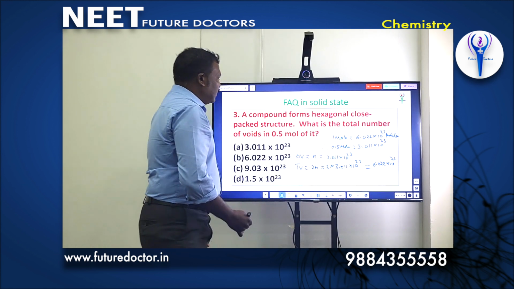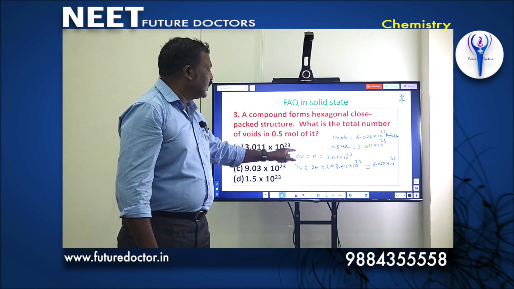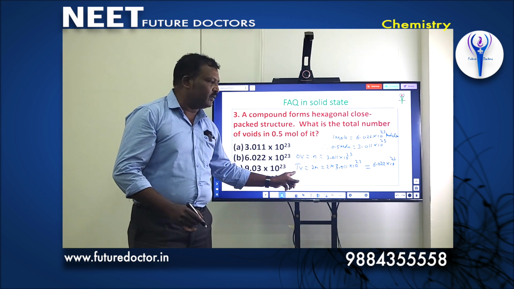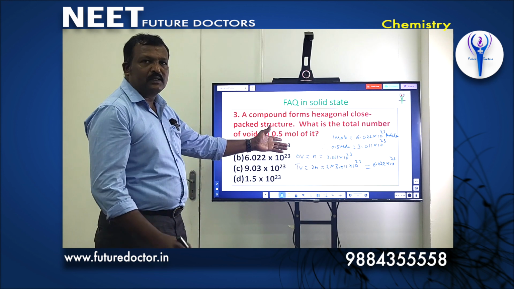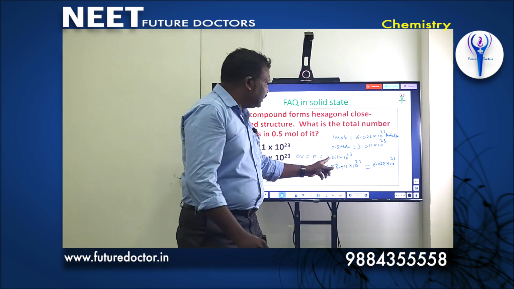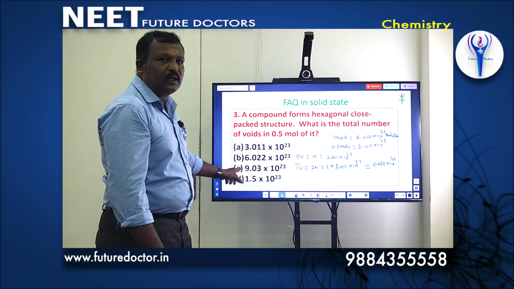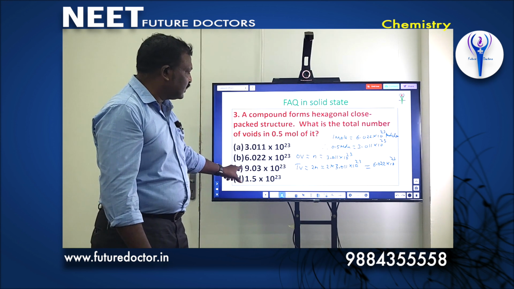But see the question: what is the total number of voids in 0.5 mole? Total number of voids means you should add all this, octahedral voids as well as tetrahedral voids. If you add these two, the answer is present on the board itself, 3 point something, 6 point something. Option C is the correct option.